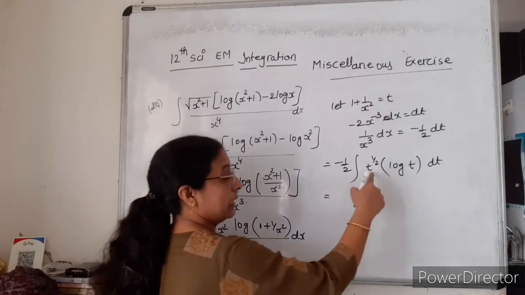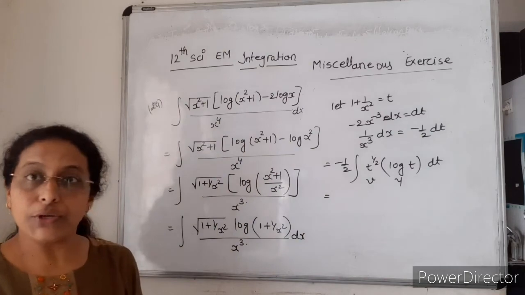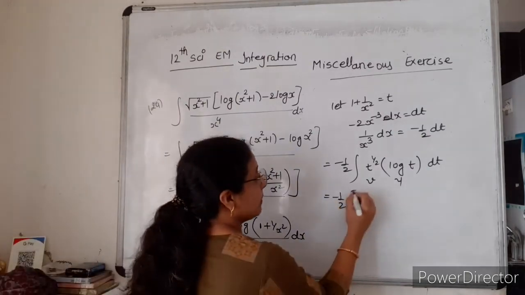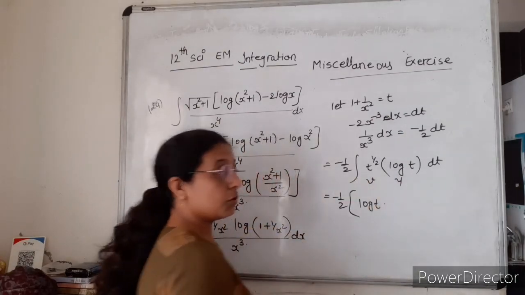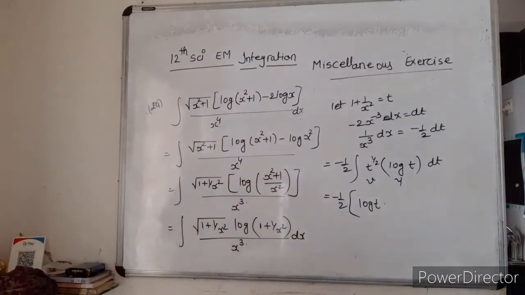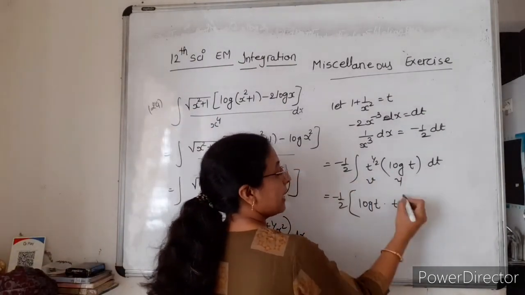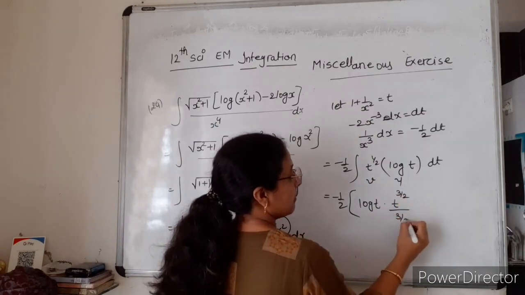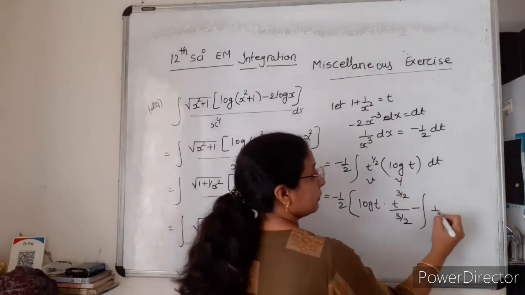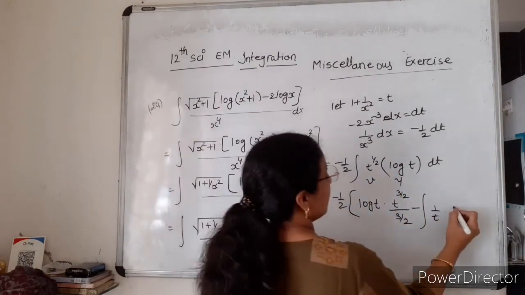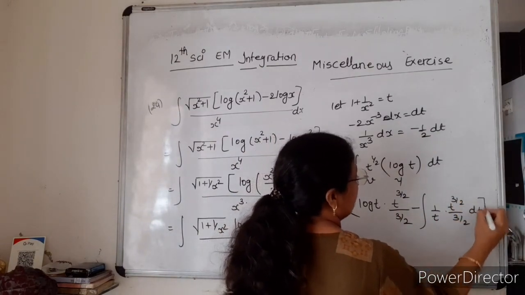So here it is a logarithmic function and an algebraic function. Again do u into v minus 1 by 2, u constant, the derivative of u constant, then u constant. Integration of v is t raised to 1 by 2 plus 1 upon 1 by 2 plus 1, minus integration of derivative of u into integration, t raised to 3 by 2 upon 3 by 2 dt.